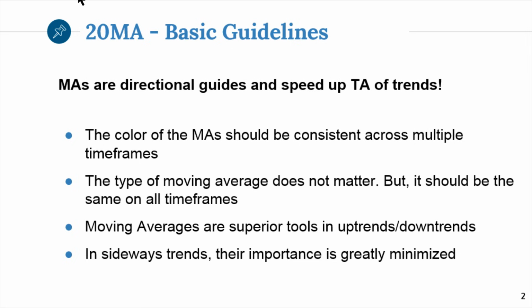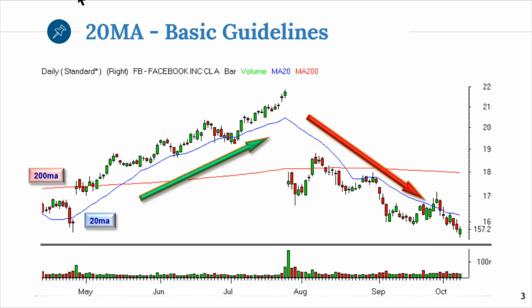The moving averages are superior tools in uptrends and downtrends. In sideways trends, their importance is greatly minimized, almost of no use, but I'm going to show you how to use them in sideways trends also. When the moving average is pointing up in an uptrend, the stock price will respect it and most of the time trade off of it, bounce off of it, like we see here on Facebook.